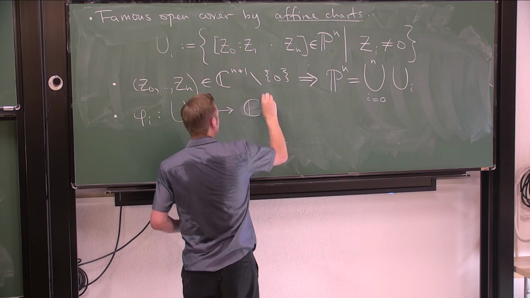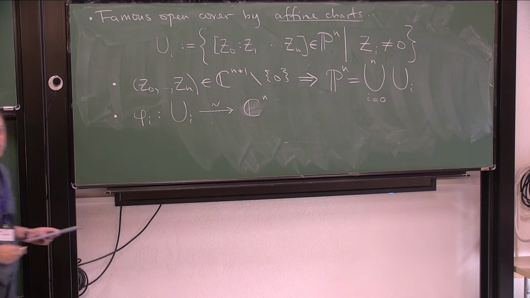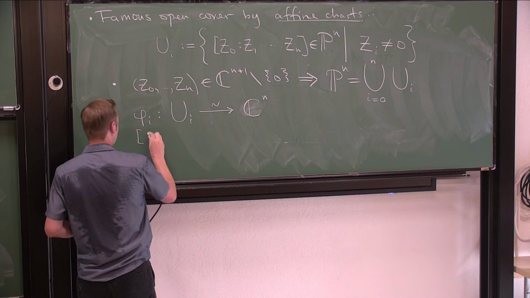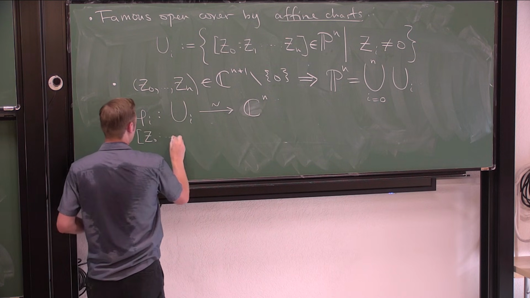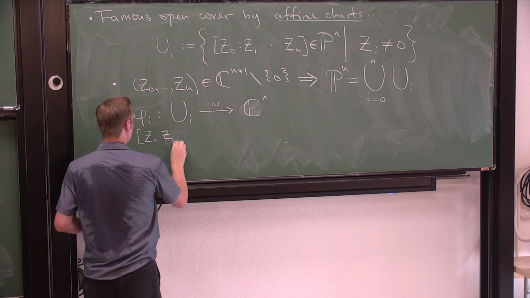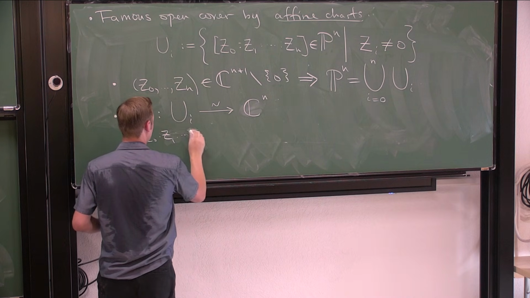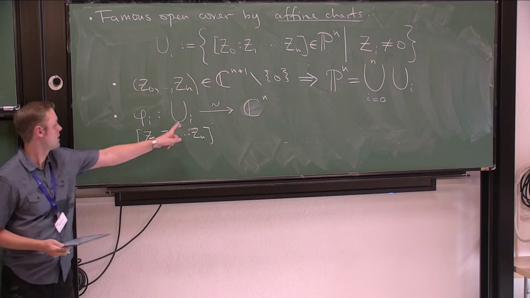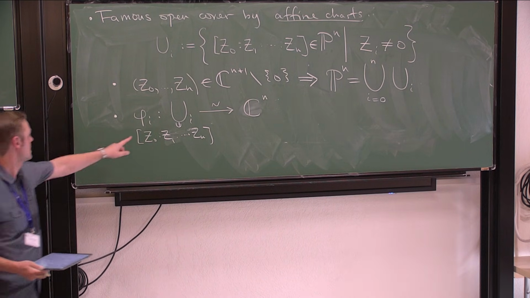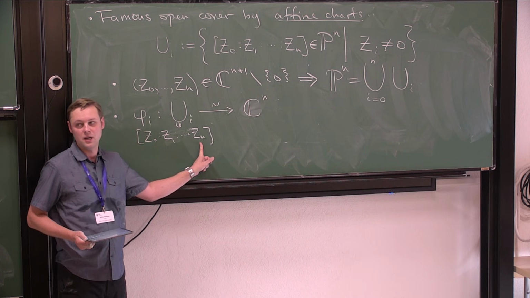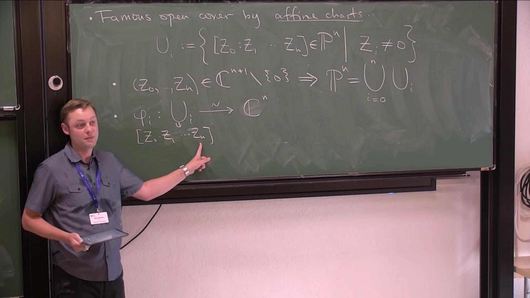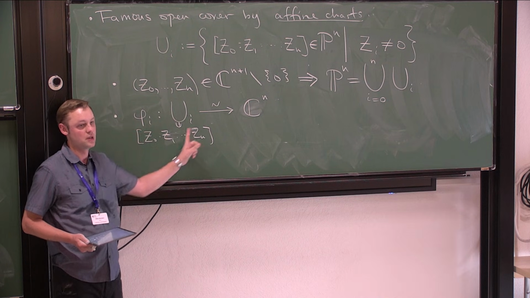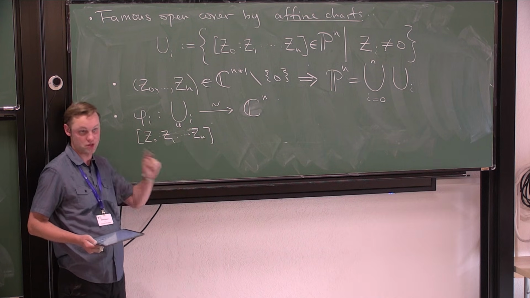In fact, it is homeomorphic to the entire copy of C^n, and the way it goes is very simple. If I pick a point in U_i, that means Z_i in this tuple is non-zero, so I can rescale the whole tuple to set the ith position to just 1. So that's what I will do.